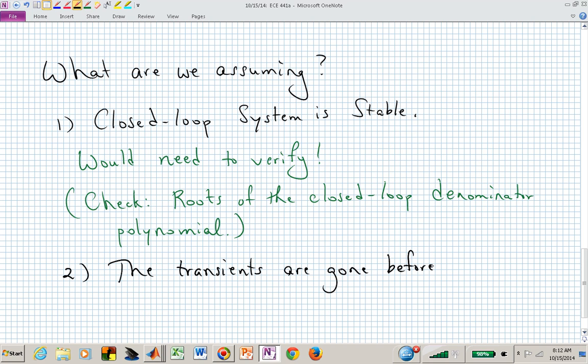And now we actually want those transients to be gone before we start changing the reference input. If we change the reference input in the middle of a transient, we're never going to get to a steady state. Is that clear?